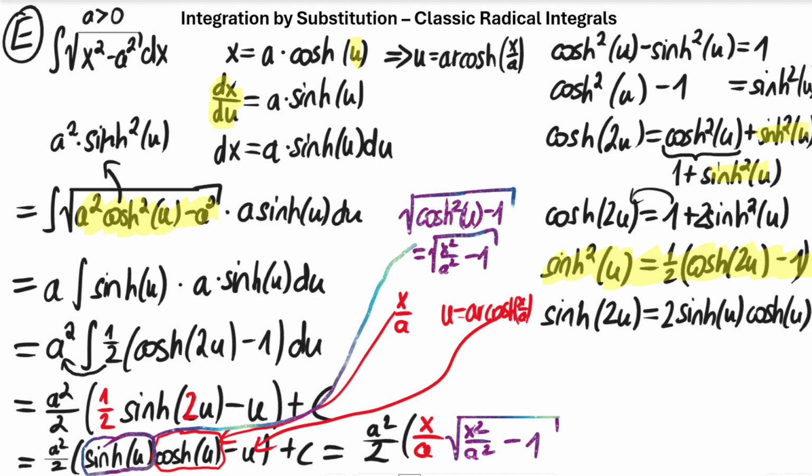And then minus area hyperbolic cosine. That's it. Plus the integration constant.